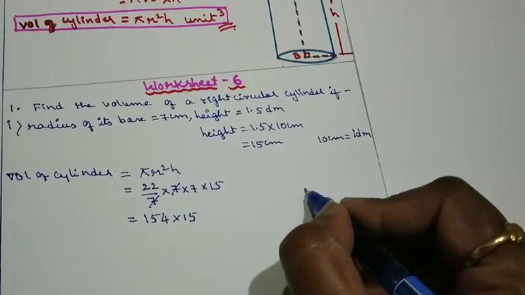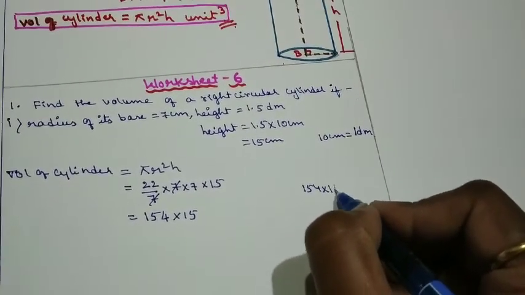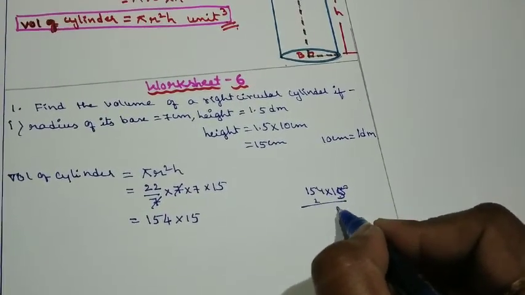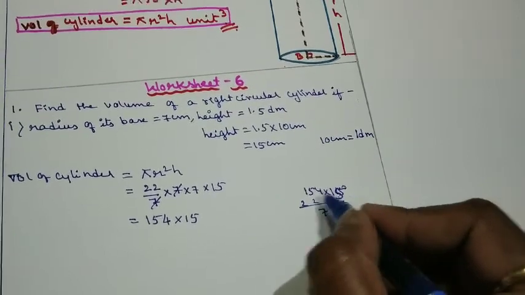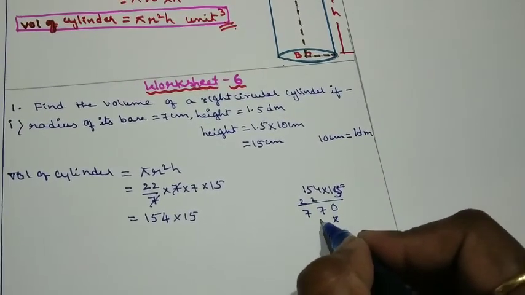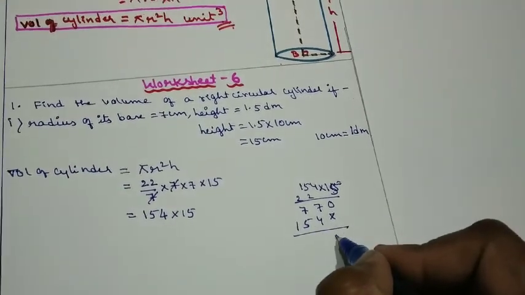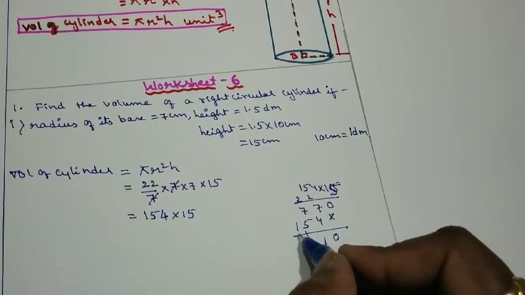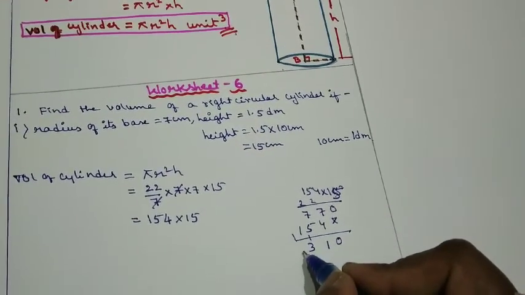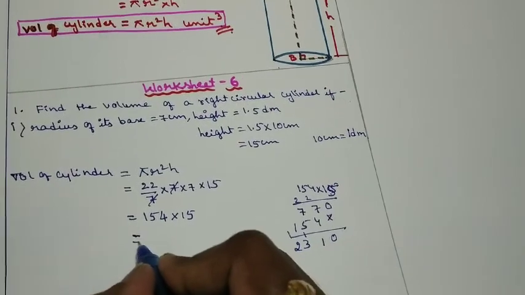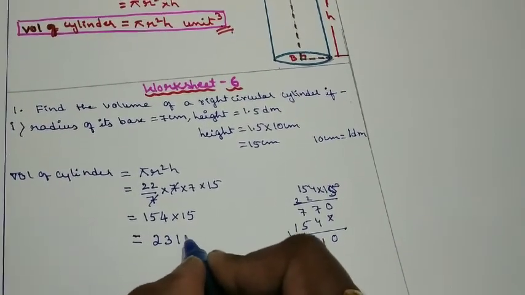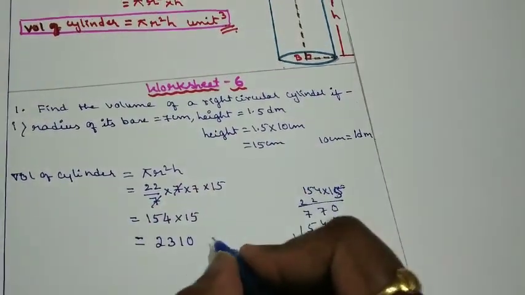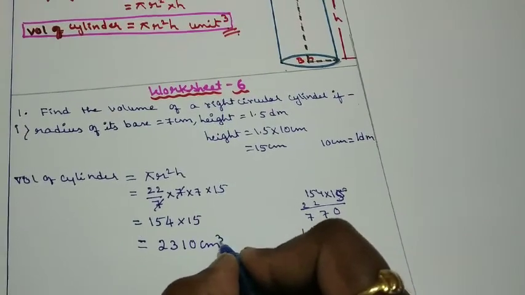Multiply 154 into 15: 5 4s are 20, 5 5s are 25, plus 2 is 27, 5 1s are 5, plus 7 is 12, then 1 4 is 4, 1 5 is 5, 1 1 is 1, then 0. Adding: 0, 7, plus 4 is 11, 5 plus 6 is 11 with carry, and finally 2. So the answer is 2310, and since both units were converted into the same, the unit is centimeter cube.